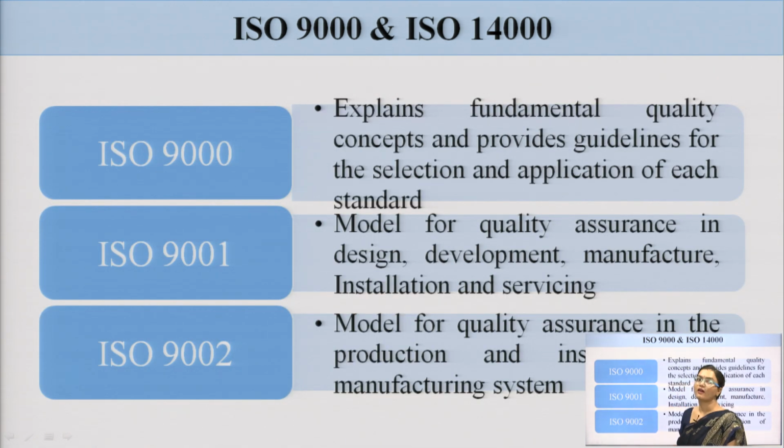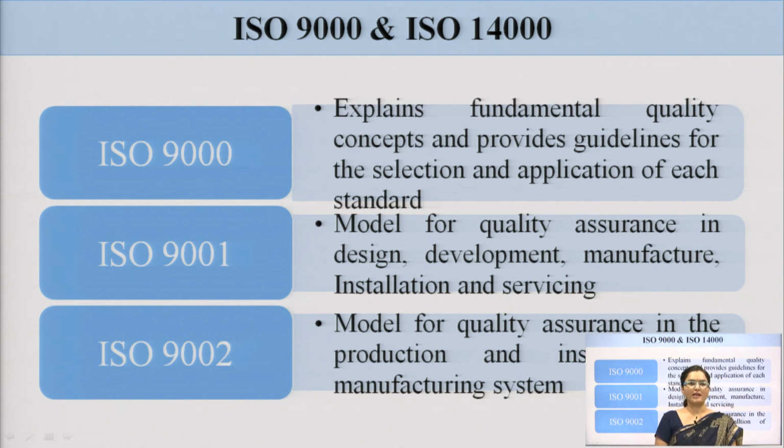Next is ISO 9000. So, what is ISO 9000? ISO 9000 explains fundamental quality concepts, and it provides guidelines for the selection and application of each standard. Next is ISO 9001.